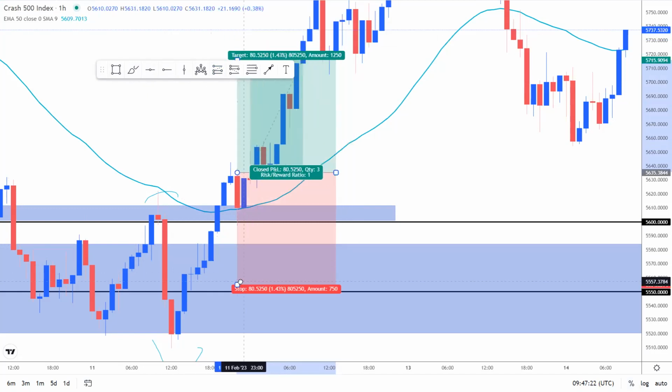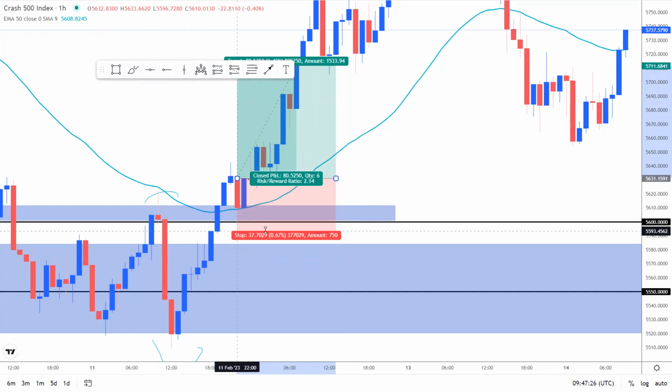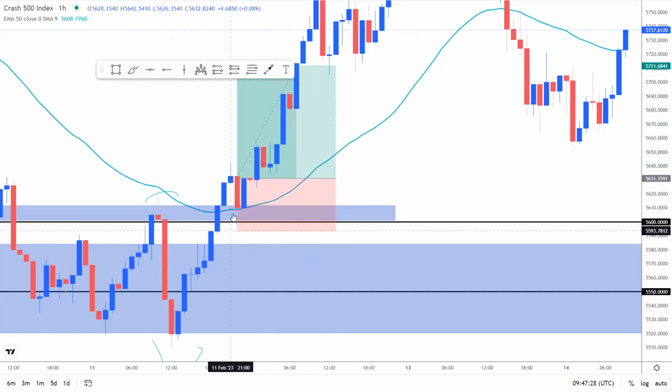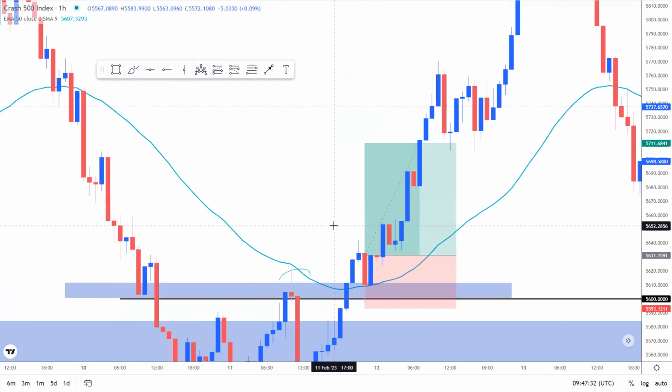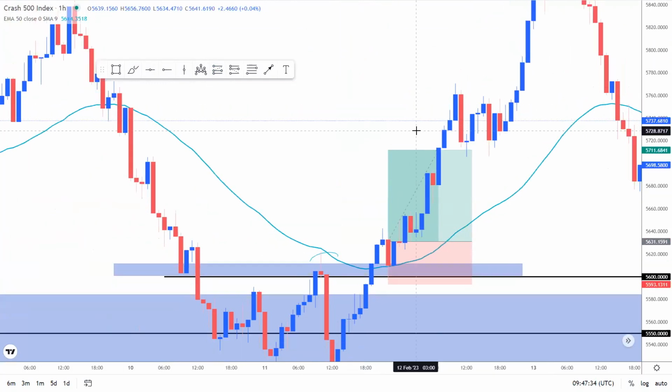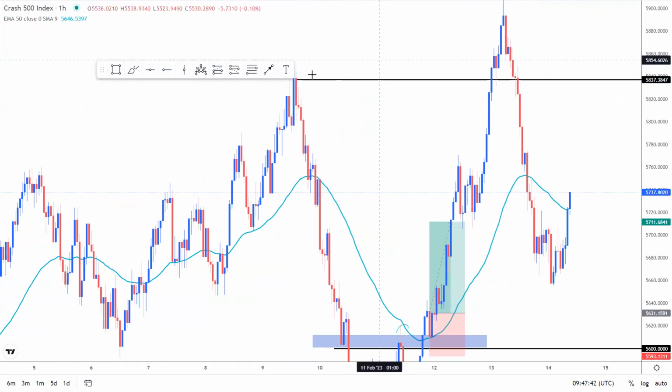The stop loss was just below the level, just below the wick of the candlestick right here. And then I was targeting for price to come back to previous daily highs.